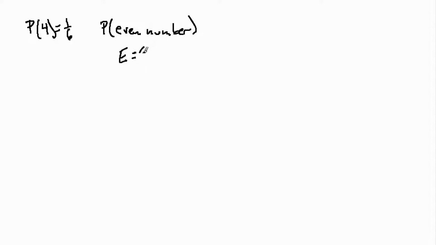Okay, so we know that the probability of rolling a 4 is equal to 1/6. And what's the probability of rolling an even number? Well, the set of even numbers that I could roll on a die would be 2, 4, and 6. And we know that the actual sample space is 1, 2, 3, 4, 5, 6.